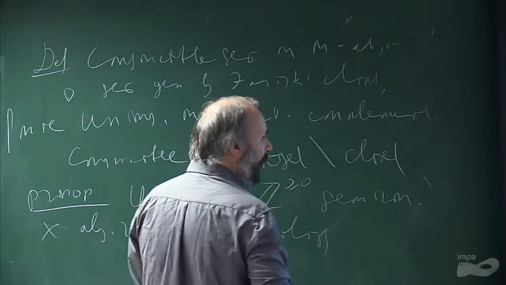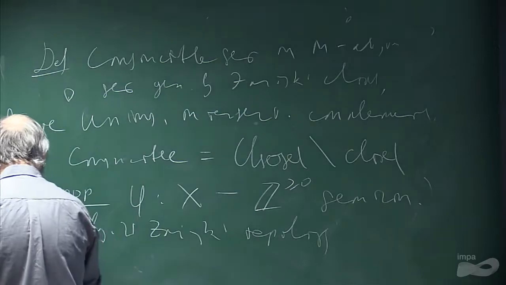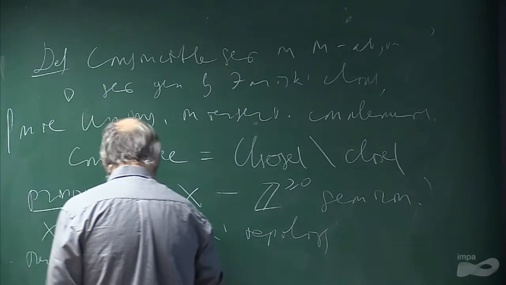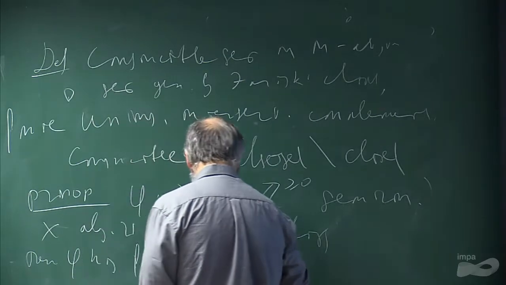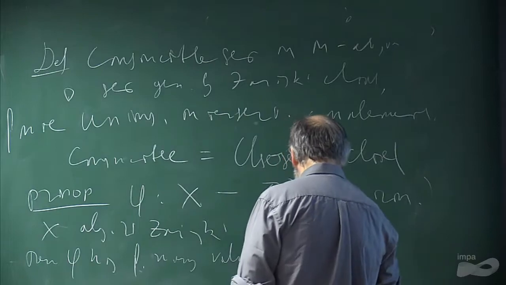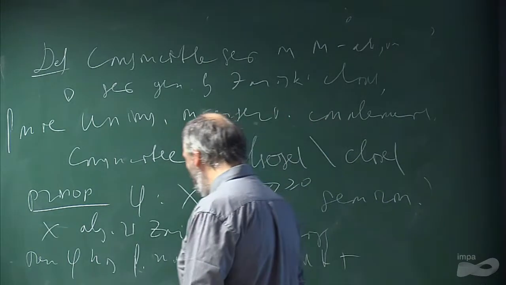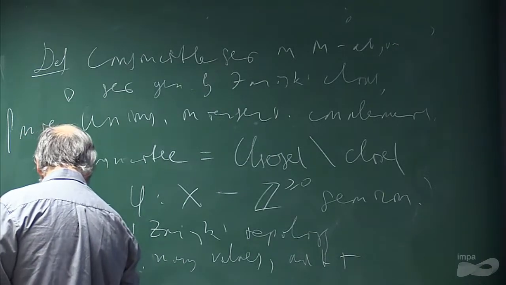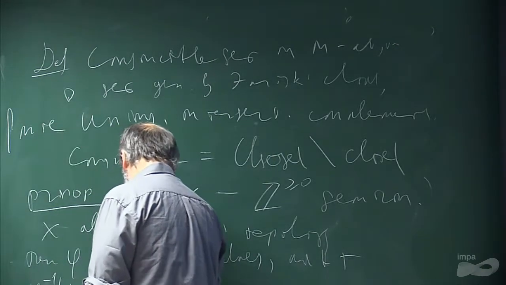Then phi has finitely many values, and for each t, this level set phi minus 1 of t is constructible.